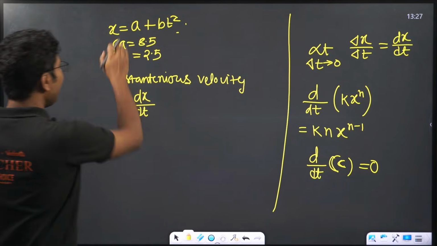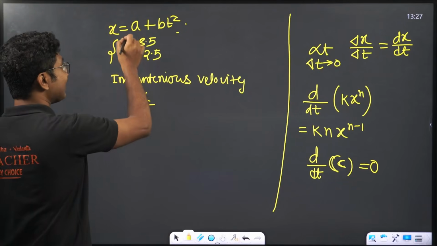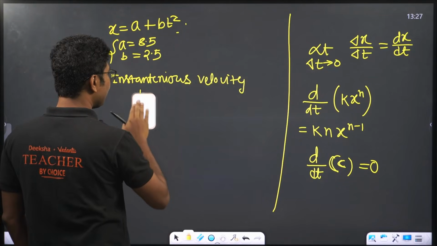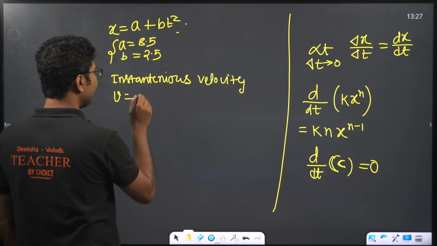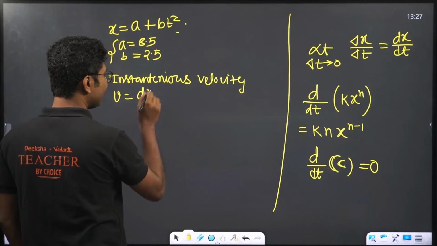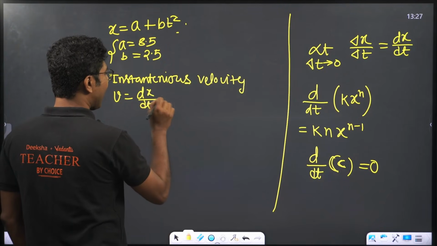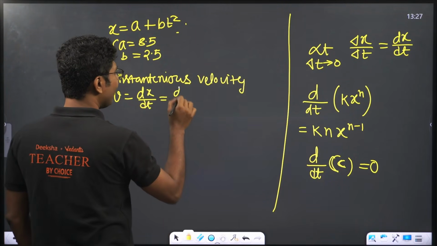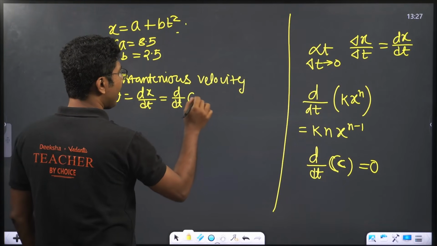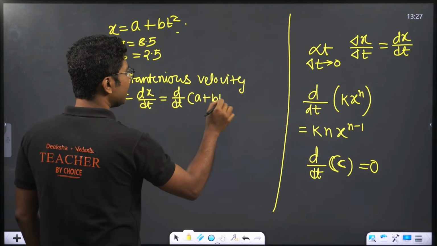So for example, I am differentiating this. First we write velocity equals dx/dt, and that will be d/dt of a plus bt square.